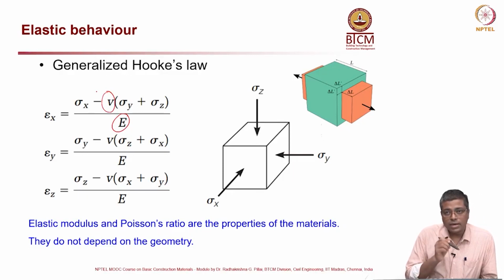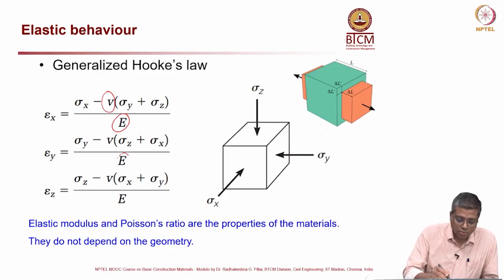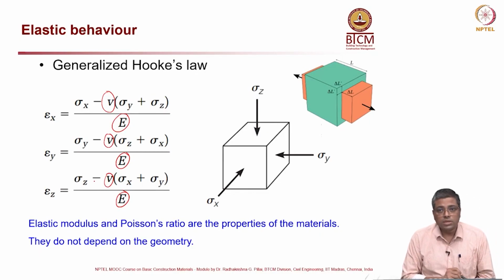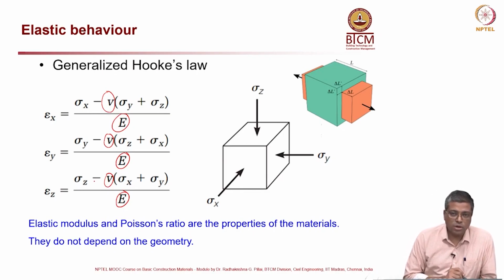So, I can calculate the strain in a particular direction if I know the stress applied in all three directions. Irrespective of the shape, I can calculate the strain using the applied stress and the material properties like elastic modulus and Poisson's ratio. That is mainly the idea in this slide.